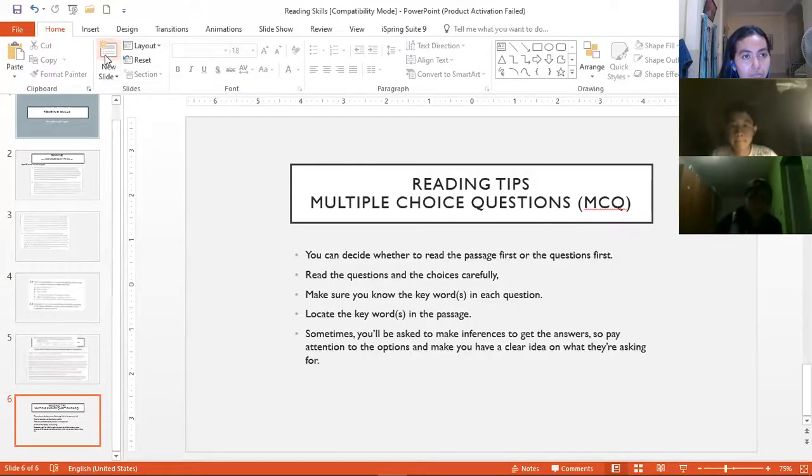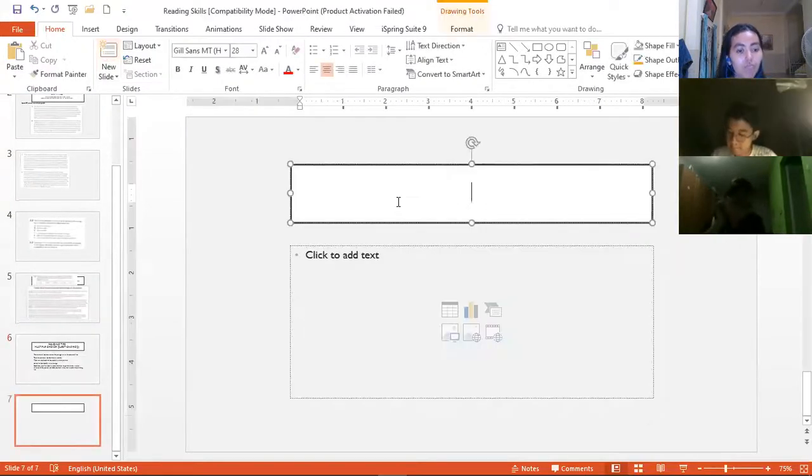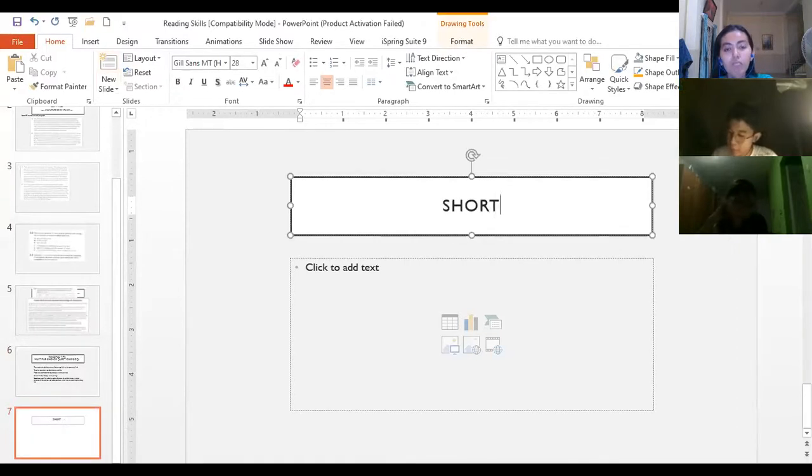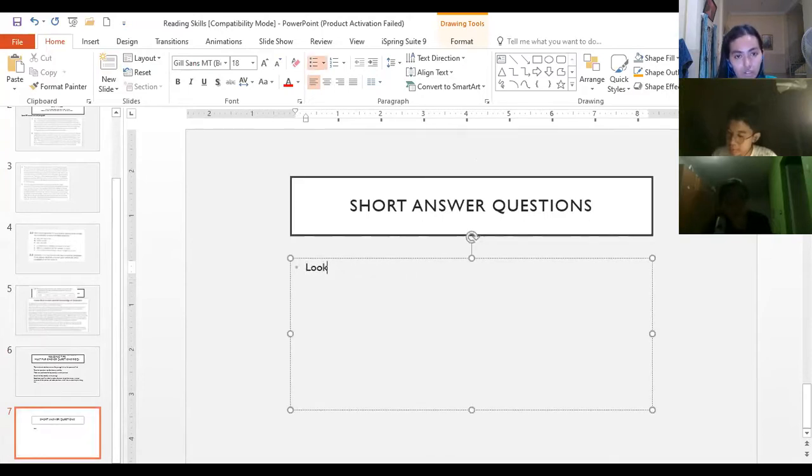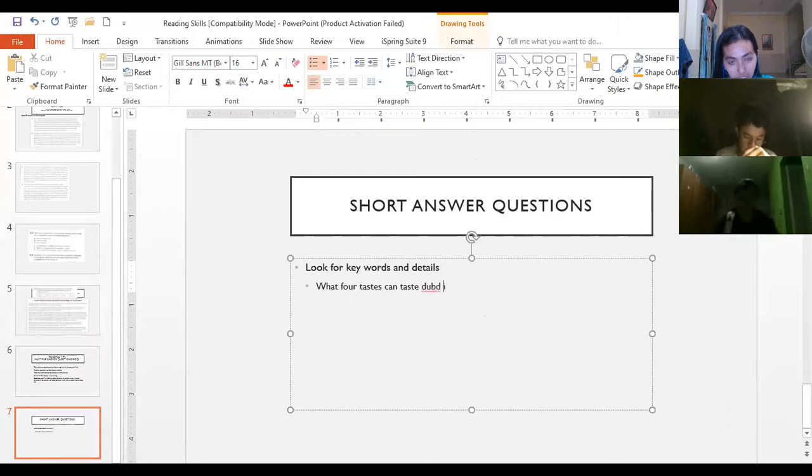All right, so another question type. You look for keywords and details. For example, number one, what four tastes can taste buds identify?